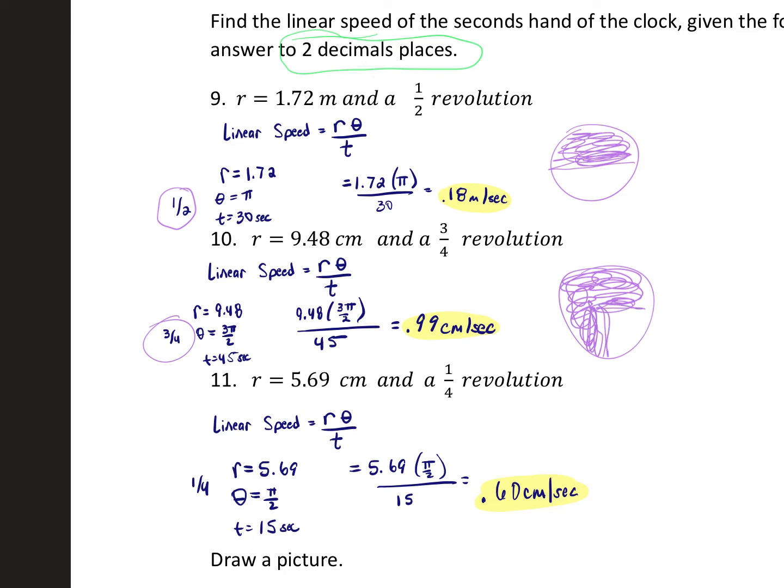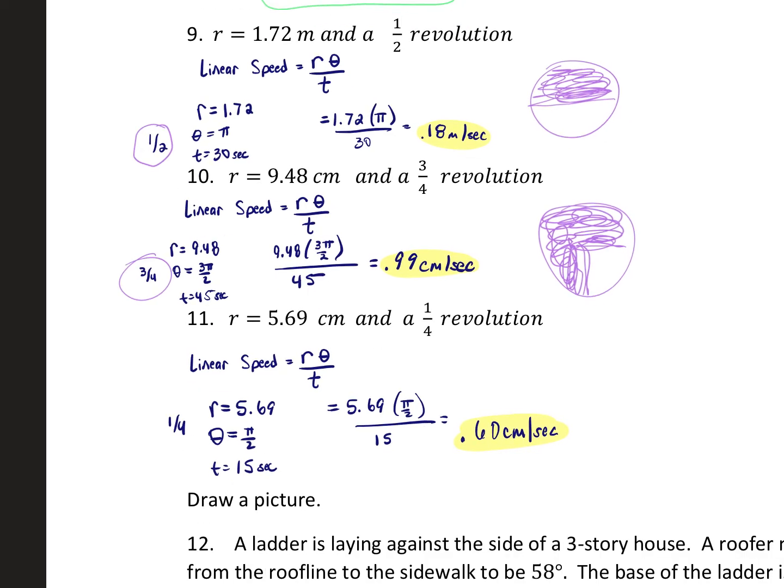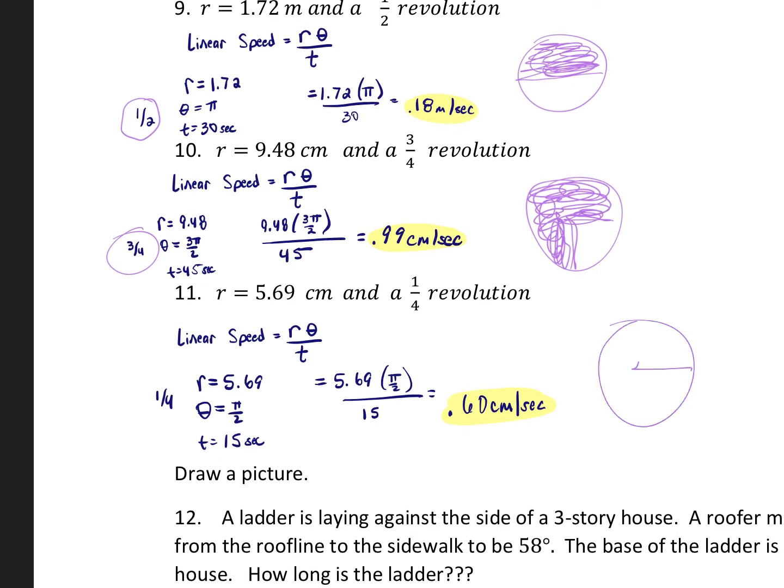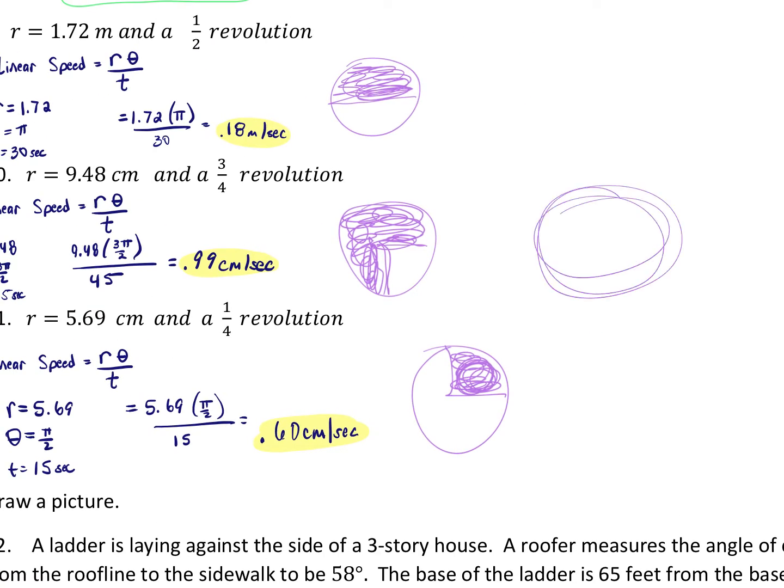That's going to be our 3 pi over 2 for theta, and it's 45 seconds. If you go a quarter rotation of our unit circle, theta is pi over 2, and your time is 15 seconds. If you went one full, what's one full? One full would be 2 pi. And how many seconds? 60 seconds.